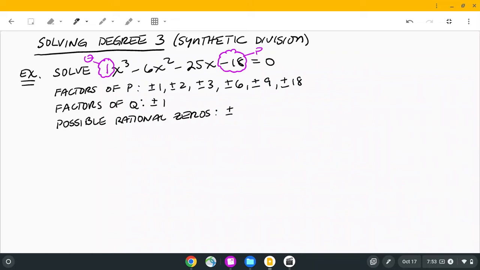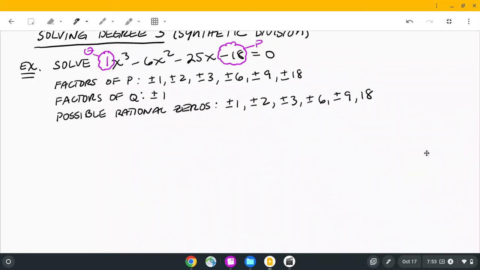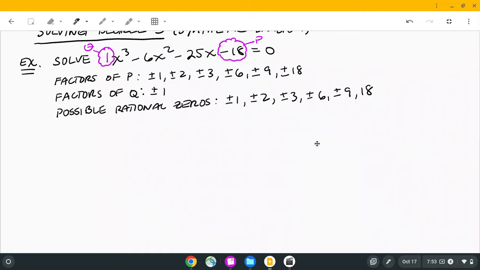So it's just plus or minus 1, because 1 over 1 is 1, plus minus 2 over 1, which is just 2. And then same thing for 3, 6, 9, and 18. Okay. All right. So this is what we're going to test for in our synthetic division.